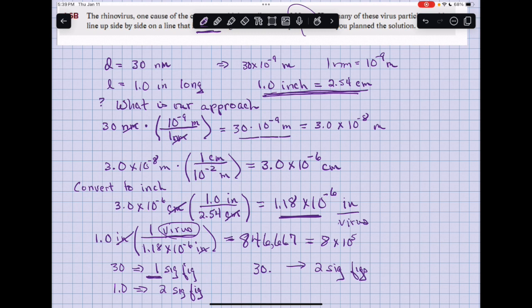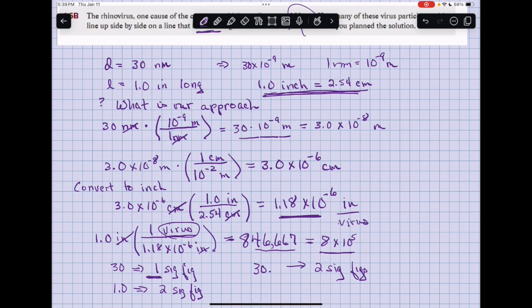And generally, in chemistry, that's how we're going to want to write it, in scientific notation. So what we're doing is, of course, because these other digits are not significant, we have to round off. We round off because 846,000 is less than halfway between 8 and 9, so we're going to round down to 8 with our 1 sig fig.